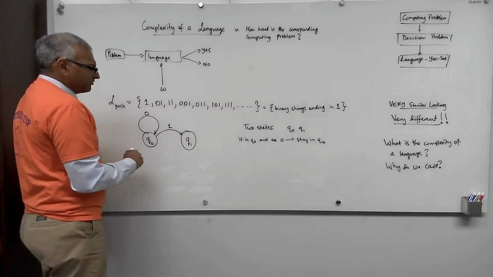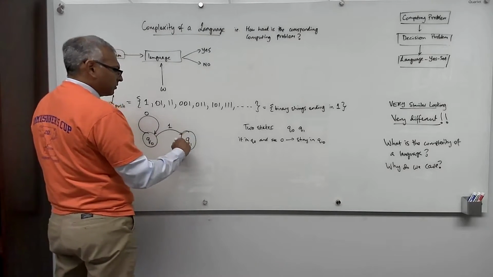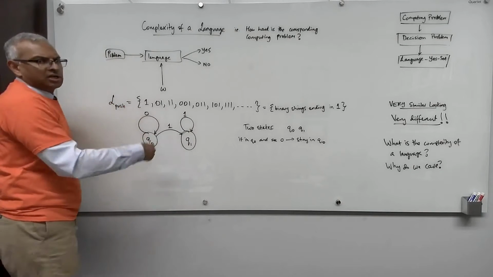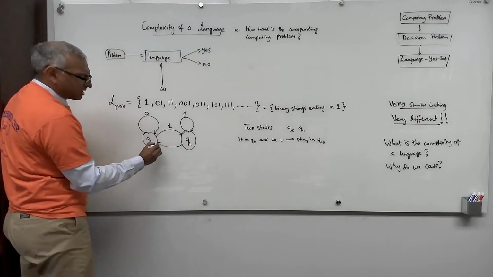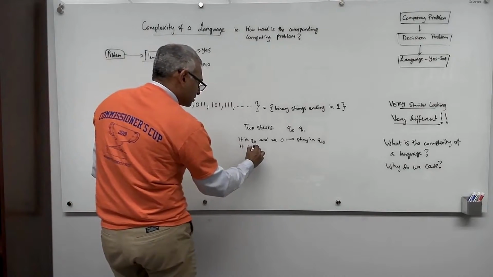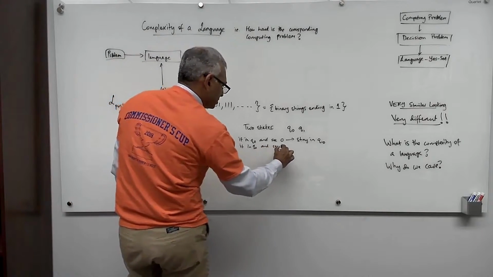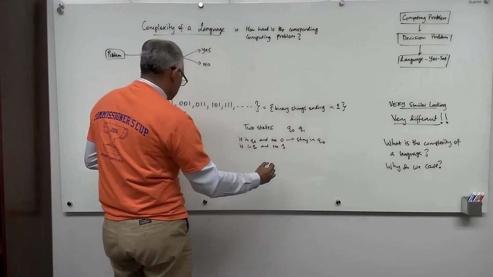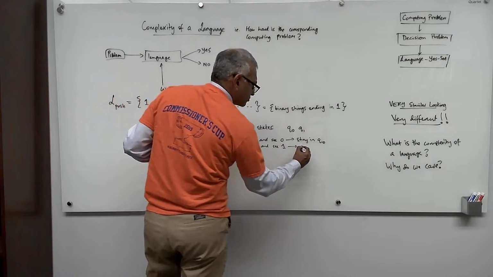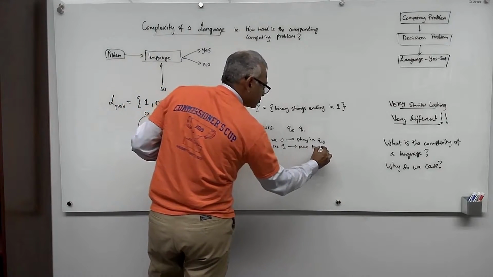Okay. Now, if you're in Q1 and you happen to see a 1, stay in Q1. If you're in Q1 and you happen to see a 0, switch states back to Q0. Okay, so if in Q0 and you see 1, jump to Q1. So move to Q1.